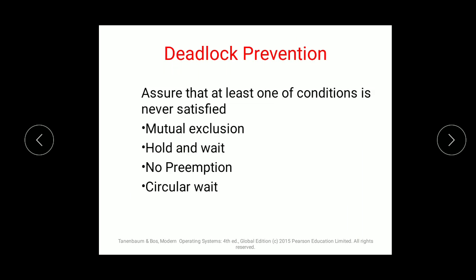Again, ensure at least one of these conditions is never satisfied. Prevention and occurrence can be compared: if from all these four conditions any one is not followed, we can stop deadlock. And how can we do that for deadlock prevention, we'll see here.